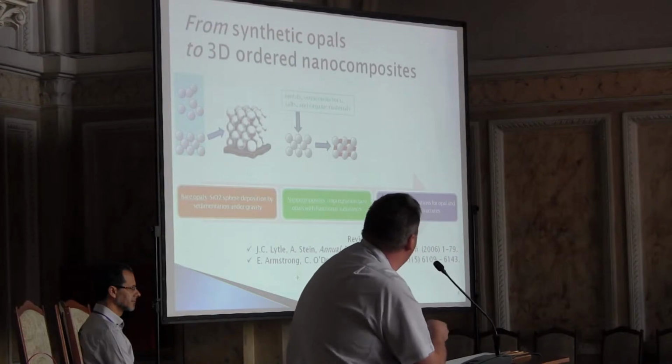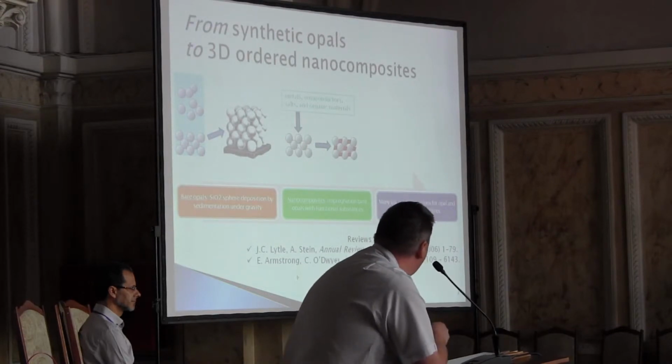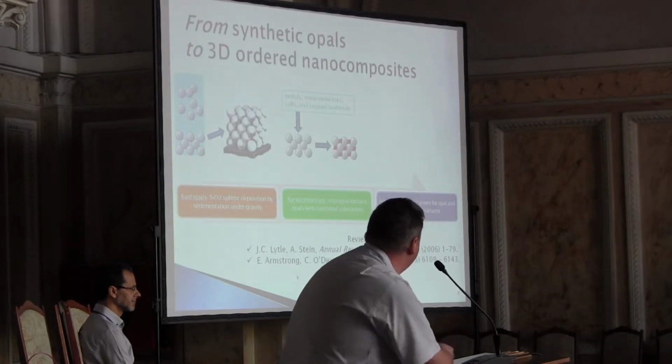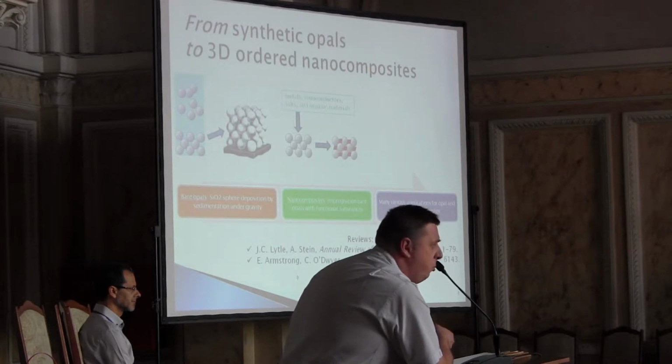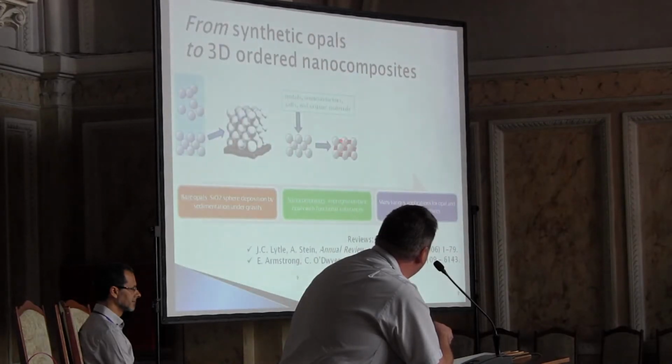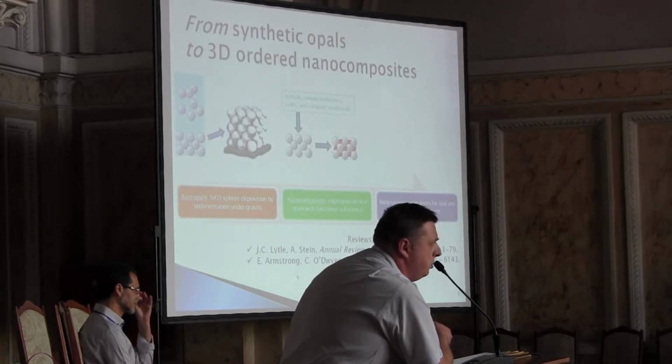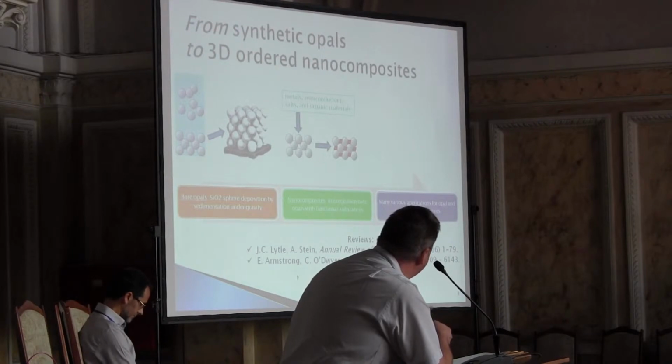If you do it, we have a regular structure with active components, and if you want, you can chemically remove the silica dioxide globules and obtain inverse opal structures.